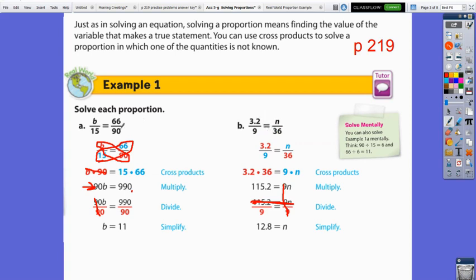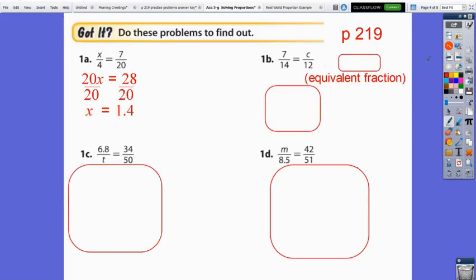This one was easier, that 15 times 6 equals 90. So B times 6 has to equal 66, so B has to be 11. Sometimes the answers are so easy that you can do that. I'll try not to give you too many of those, though, because they're not making you solve proportions using cross products.